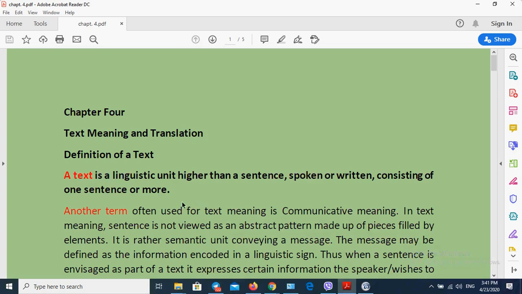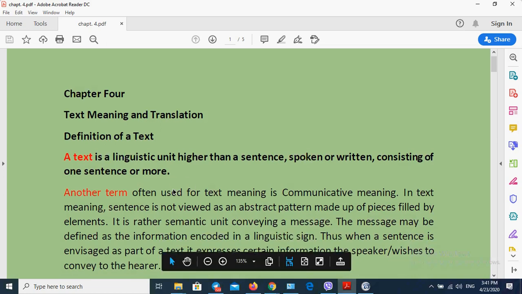Maybe the text can be defined as more than one sentence, or more than two sentences. So we can say it is a linguistic unit higher than one sentence, spoken or written, consisting of more than one sentence.